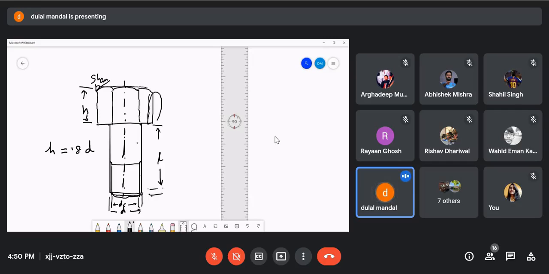But for the smaller nuts and bolts, you will find a straight line. So far, any question?